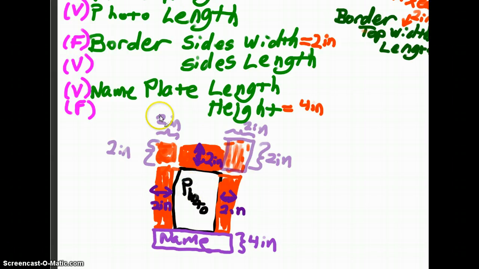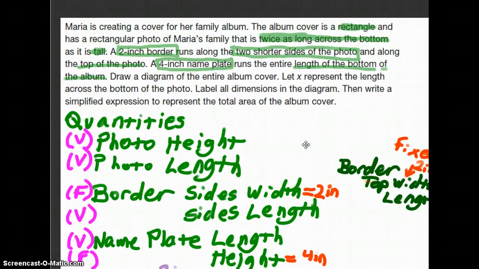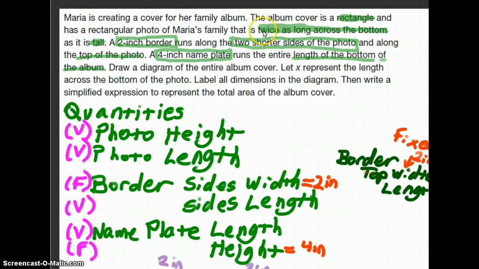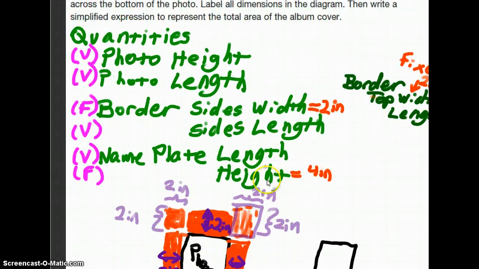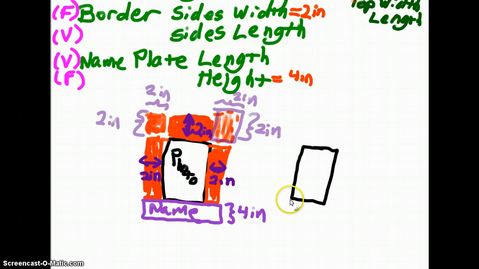So let's examine what that's going to look like when we come over here and view it off to the side. We know that the photo has a relationship, and if we look up at the word problem, it says that the photo is twice as long across the bottom as it is tall. So when we look at the bottom, it says that as the height here is tall, the bottom right here has to be twice as long, so it's 2 times however tall the photo is.